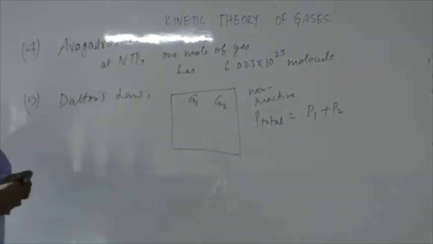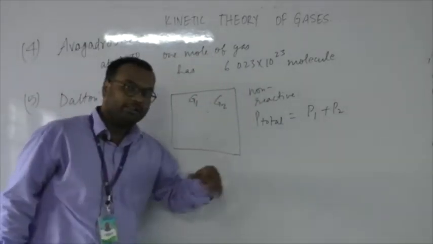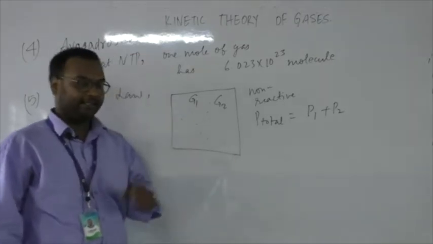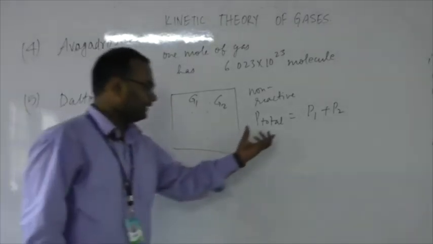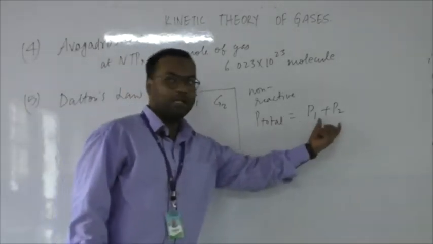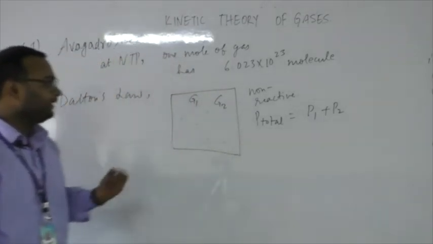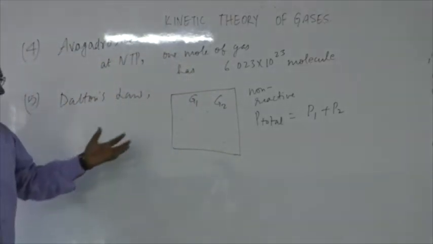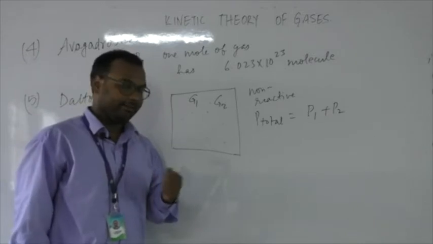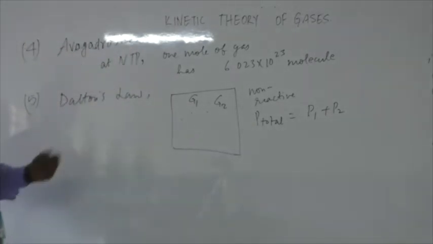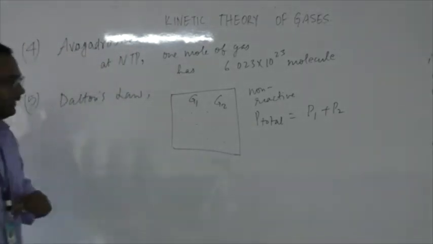That means when 2 or more non-reactive gases are taken in a container, the total pressure is the sum of all the partial pressures exerted by those gases on the container. So this is Dalton's law.